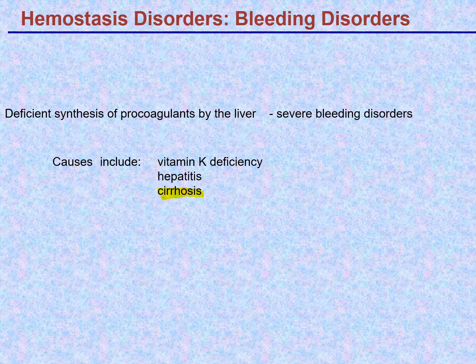People who have hepatitis, an inflammatory disease of the liver, and there are a number of causes of hepatitis, including viral hepatitis, also have that problem, and also vitamin K deficiency can lead to this kind of problem.